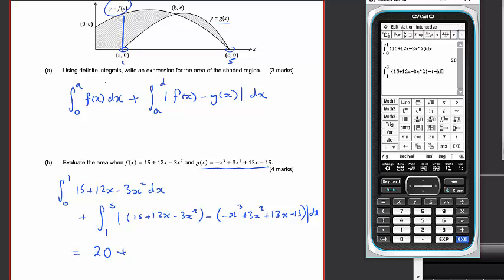So that's minus x cubed plus 3x squared plus 13x minus 15, close bracket. Just make sure we're doing it with respect to x, and that gives me 32, so that's going to be 52 square units.